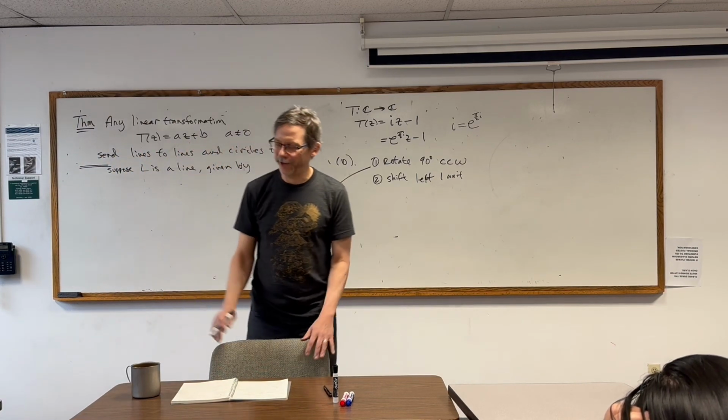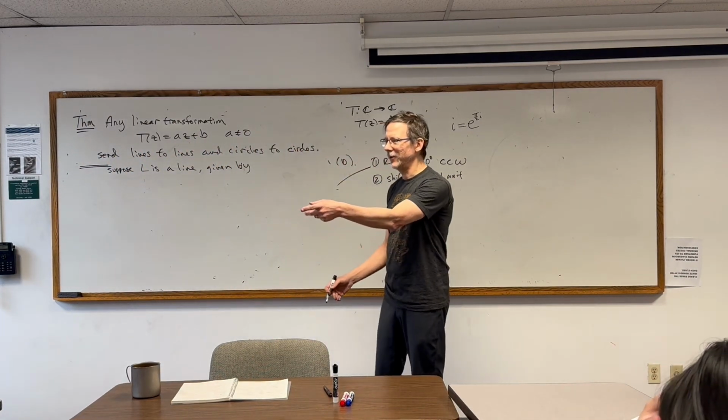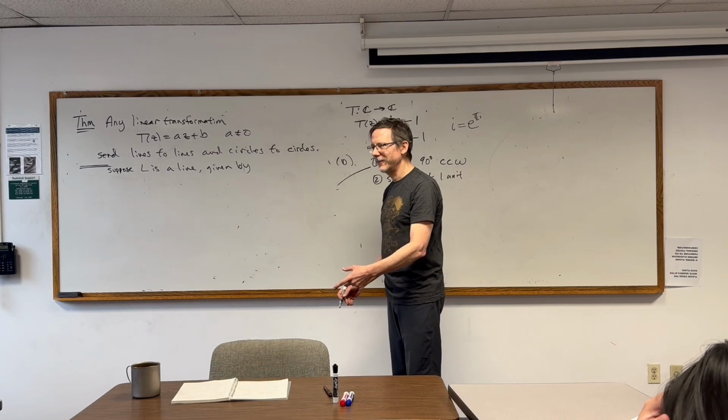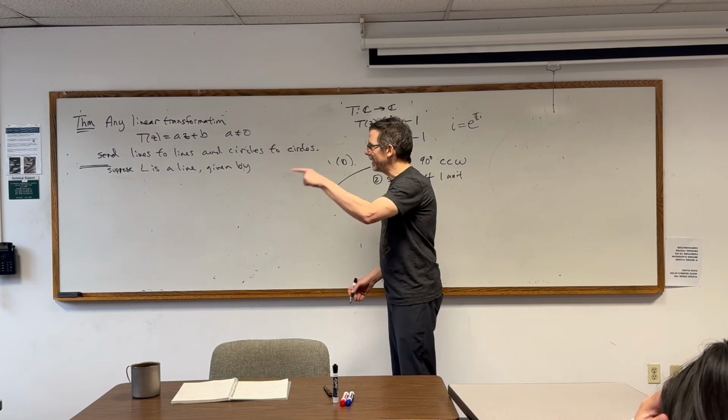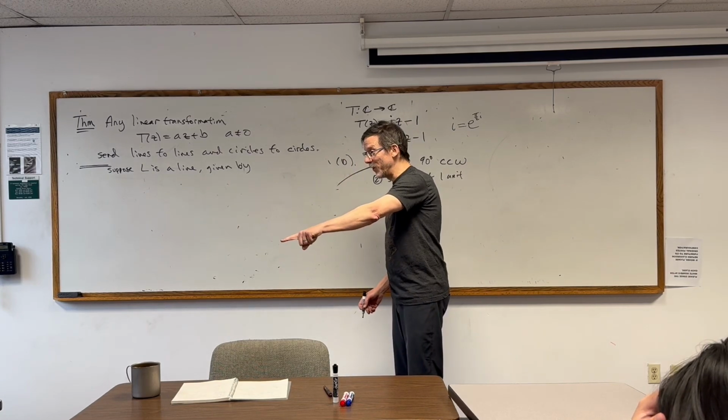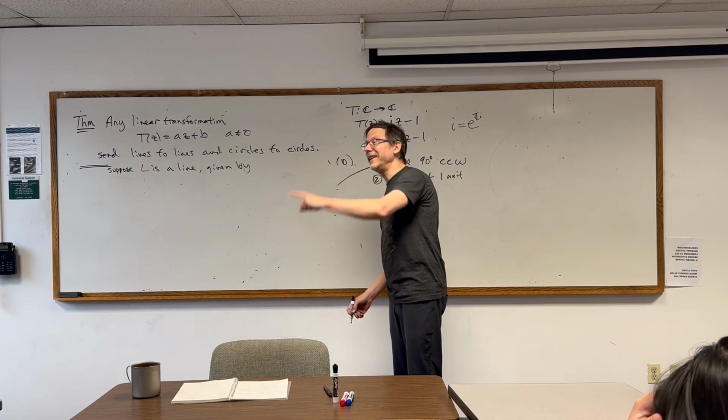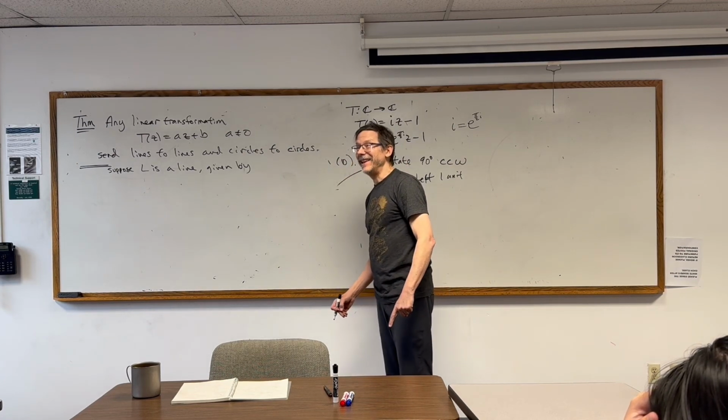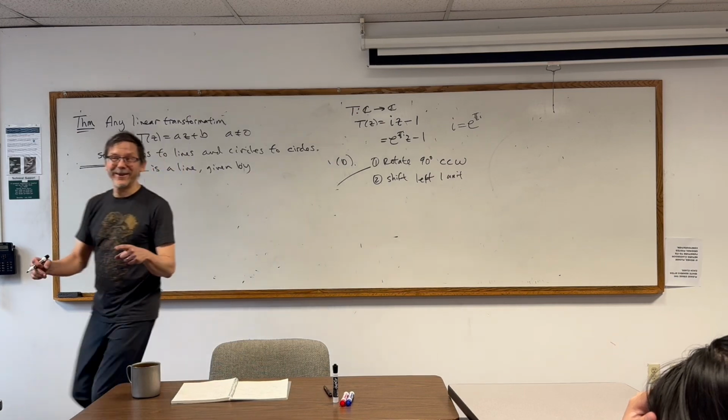Anybody got a line equation for me? You two look like you do. I said mx plus b. That is true. That is a line. Can I have it in z form? Yes, the complex form.